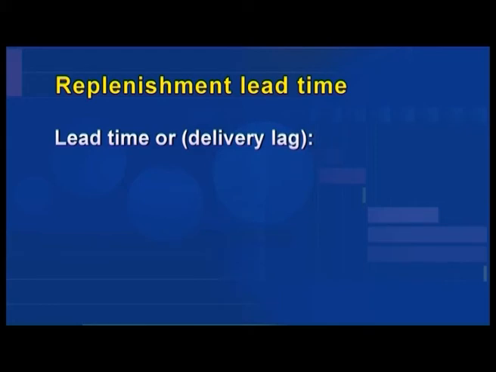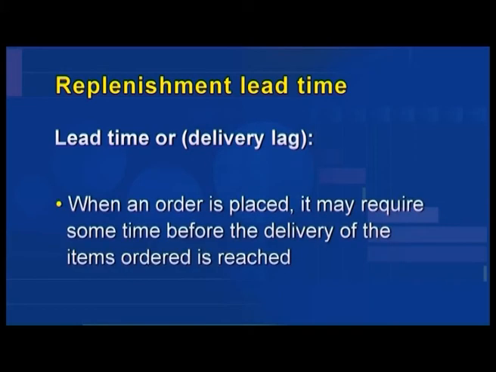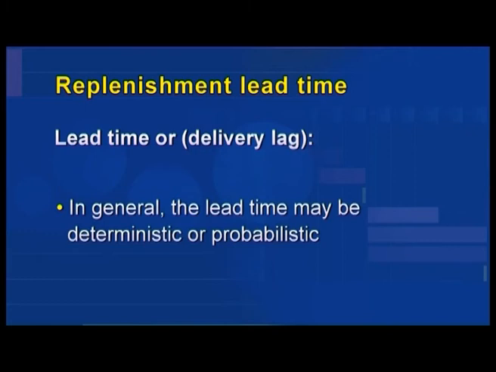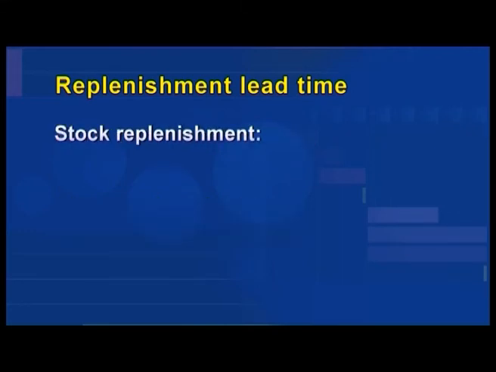Lead time or delivery lag. When an order is placed, it may require some time before the delivery of the items ordered is reached. The time delay between placing an order and receipt of delivery is called delivery lag or lead time. In general, the lead time may be deterministic or probabilistic. Stock replenishment.